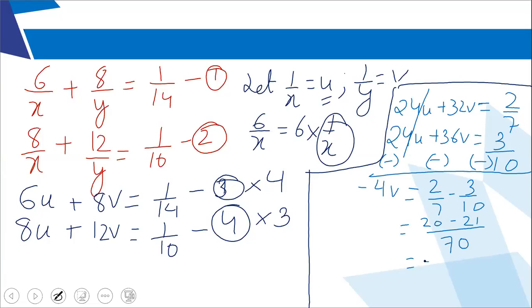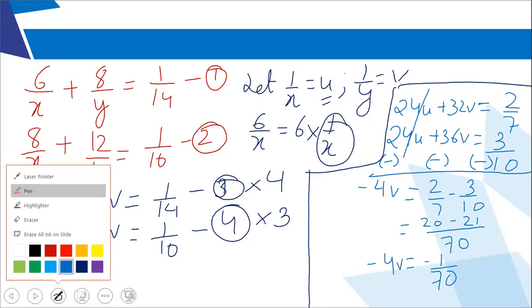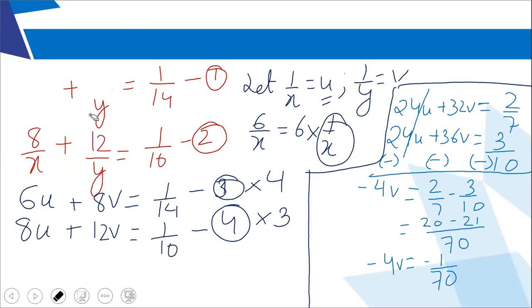So which is equal to minus 1 upon 70. So minus 4v is equal to minus 1 upon 70.